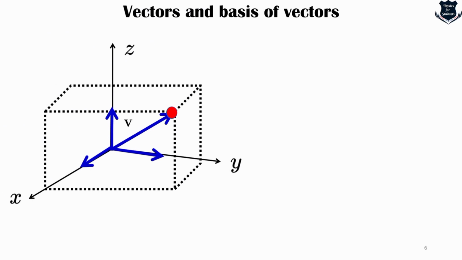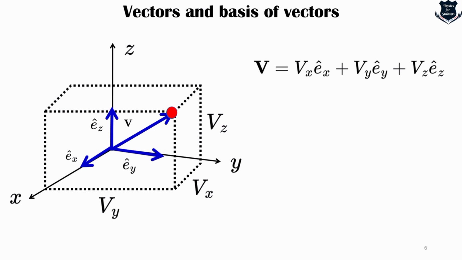So in a Cartesian coordinate system, this is a 3-dimensional vector V, which consists of the products of its components Vx, Vy, Vz along with a set of basis vectors Ex, Ey and Ez. I put a little hat on top just to mean that these are 1 unit long and pointing along the X, Y and Z axes. So these are the basis vectors, and we can write it in this way.